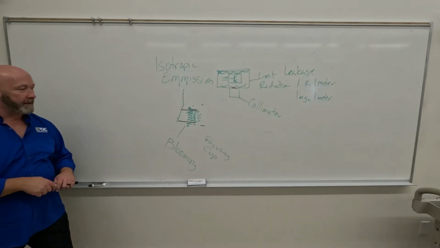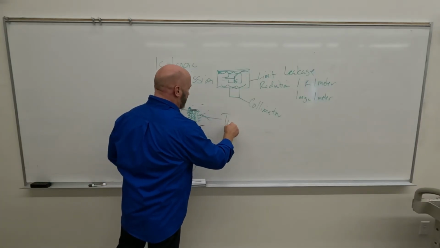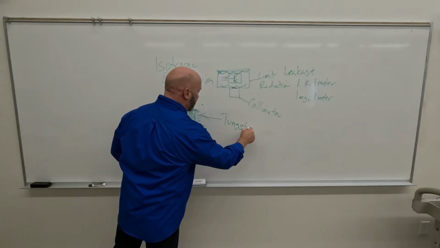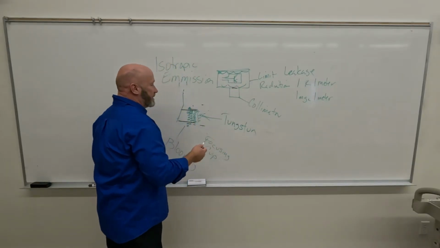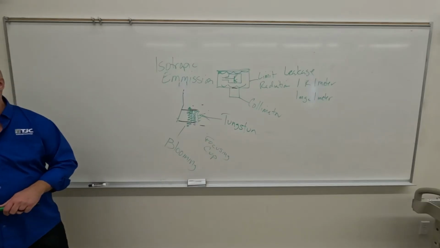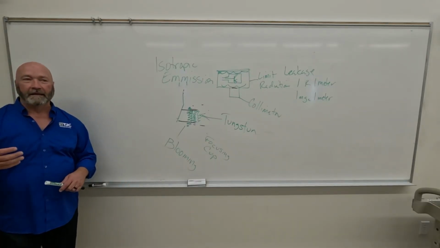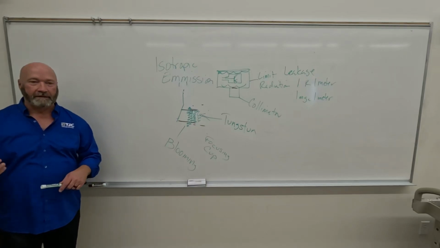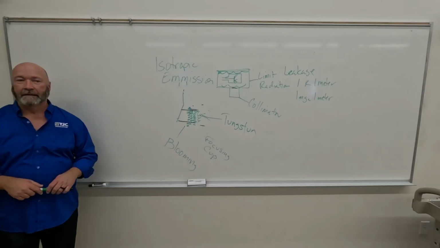Okay. Now the filament itself. What's the filament made out of? Tungsten. Same thing as the anode. It's made out of tungsten for a number of different reasons. One is it's got a very high melting point. The melting point of tungsten is like 3,410 degrees Celsius.